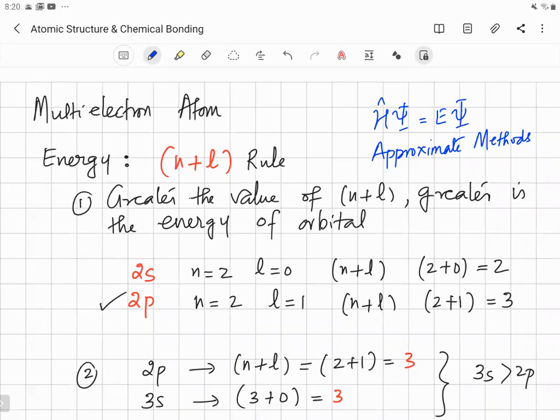So in the case of an atom which has more than one electron, the Schrodinger equation cannot be solved. So we usually go for approximate methods, and basically there are two approximate methods. One is the variation method.